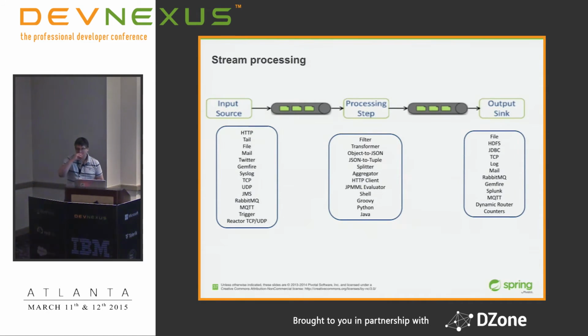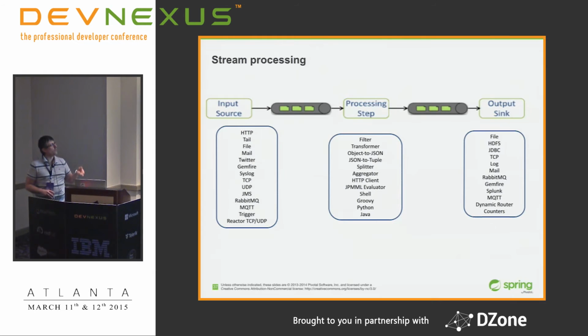So how does stream processing happen in Spring XD? You essentially define these streams. Stream processing is the context where the link with Spring Integration is the most obvious. Basically, a stream in Spring XD is a source, right? A source emitting data, traveling through a number of processing steps.